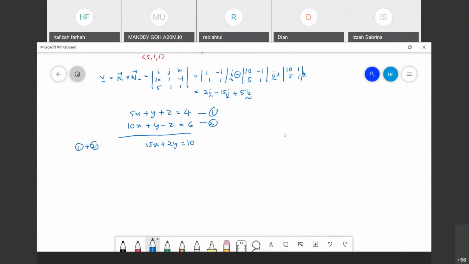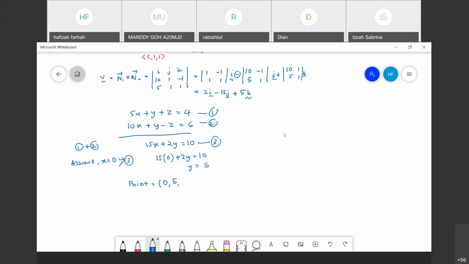Okay, and then let us assume x equals 0. So we substitute into equation 3 and we will have our y, where y equals 5. Now we have the point, where x is 0, y is 5, and our z.